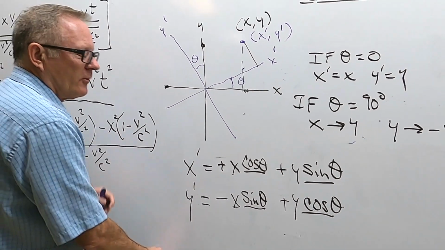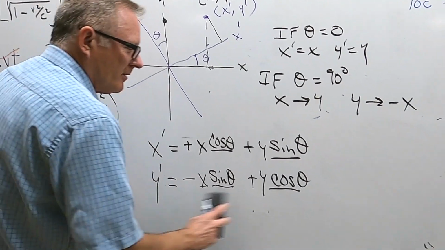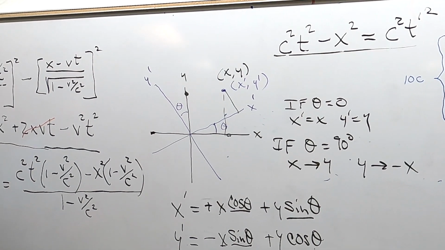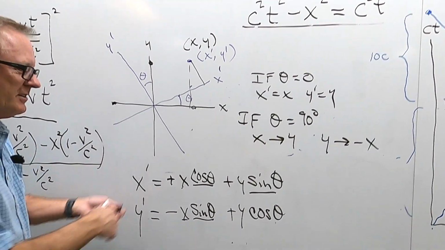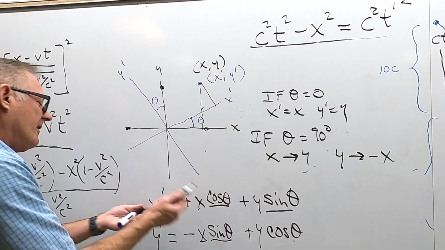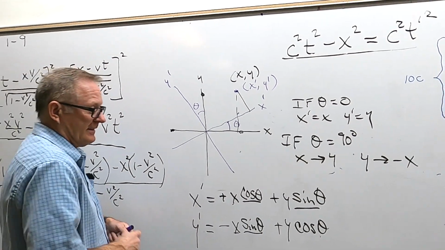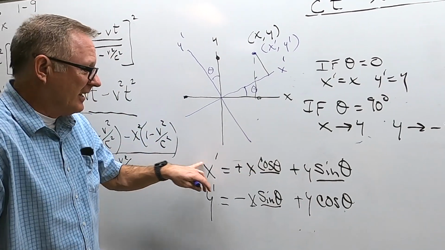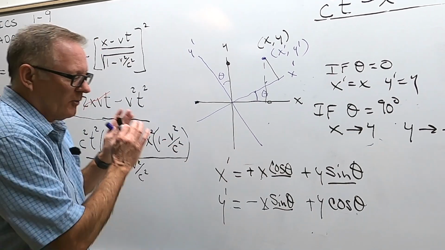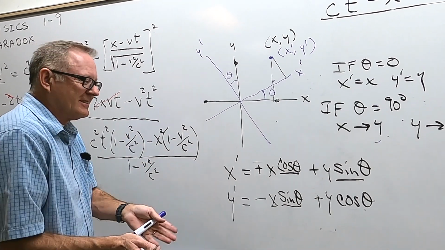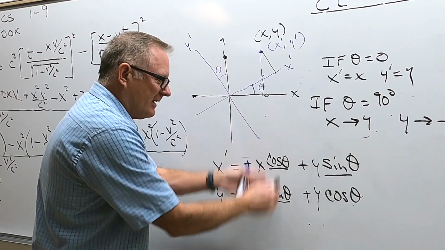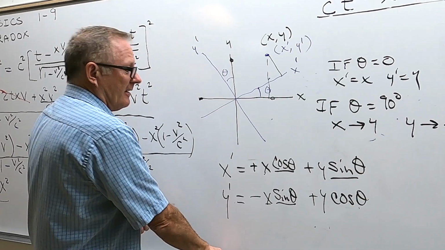But you could have done it with trig right here. So these were the transformations for this equation right there. And if you went back the other way, you could just solve for x and y in terms of this, or you could just do it the way I just did it right here. Or you could just replace theta with minus theta and change the signs, just like we did. We changed the primes with the non-primes and changed the sign of the v. We could change the primes and the non-primes and change the sign of the theta right here.